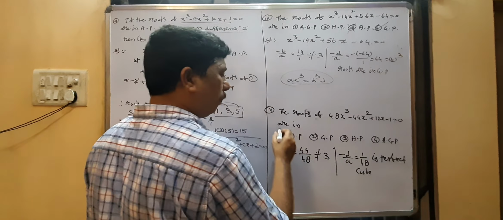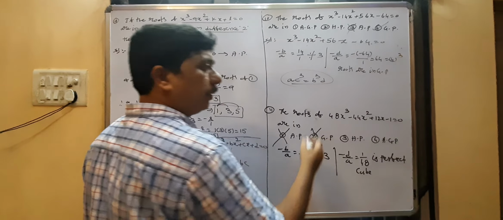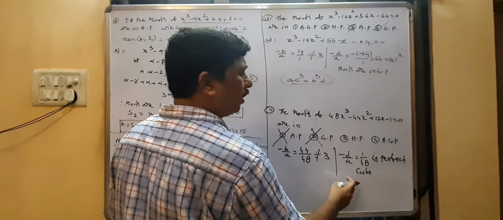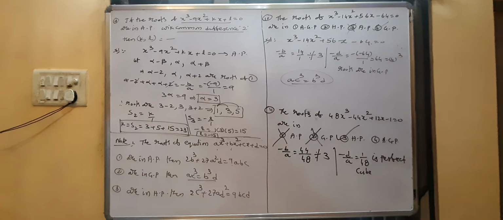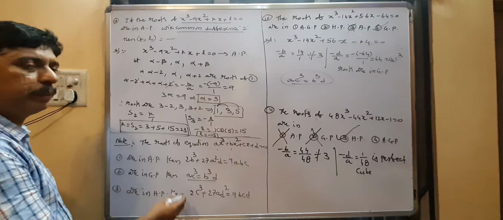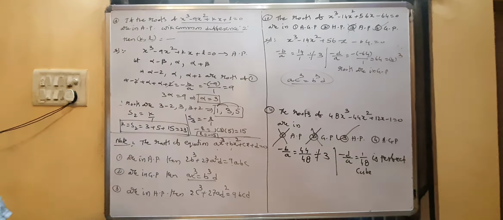So roots are not in AP, not in GP. If both conditions are not satisfied, then roots are in harmonic progression, HP. That is the answer. You can copy the problems.